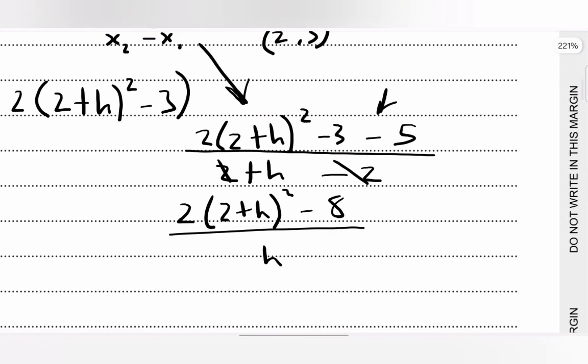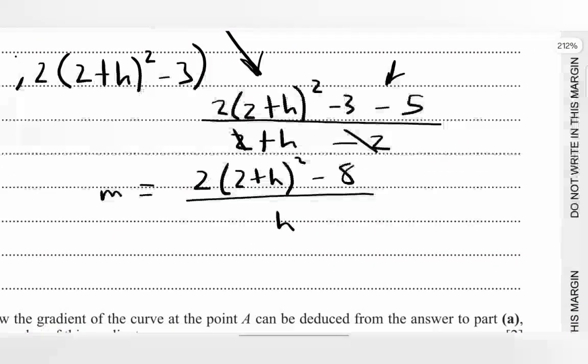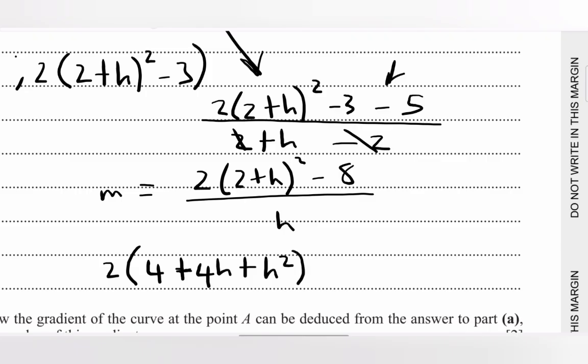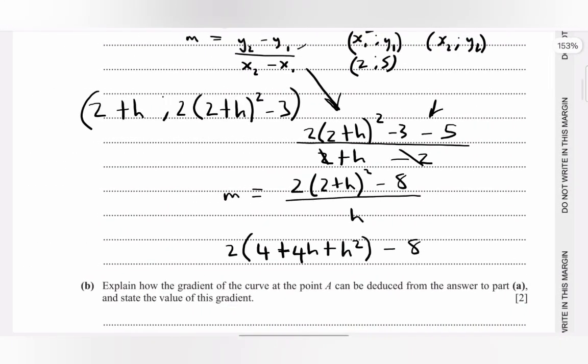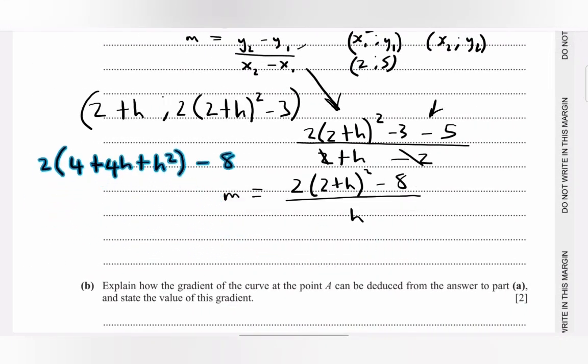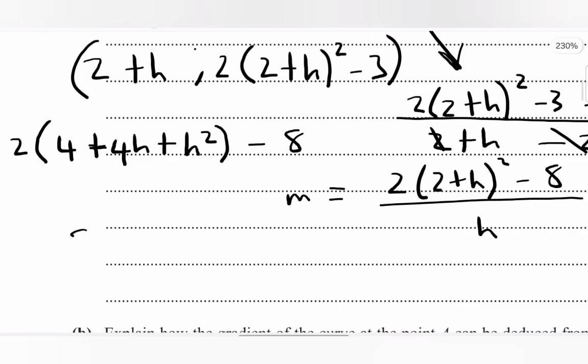We're going to try and simplify the numerator. So we have 2 multiplying 4 plus 4h plus h squared, like this, and we're subtracting 8. So that is going to give us 8 plus 8h plus 2h squared minus 8, and this will cancel out with this.